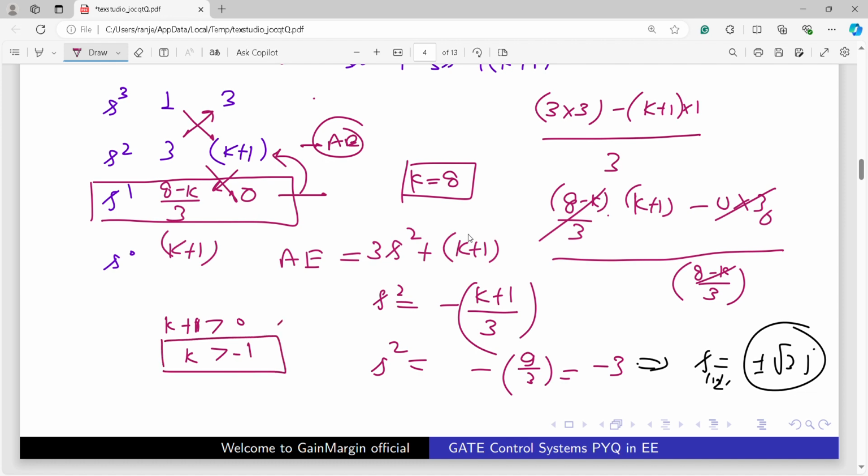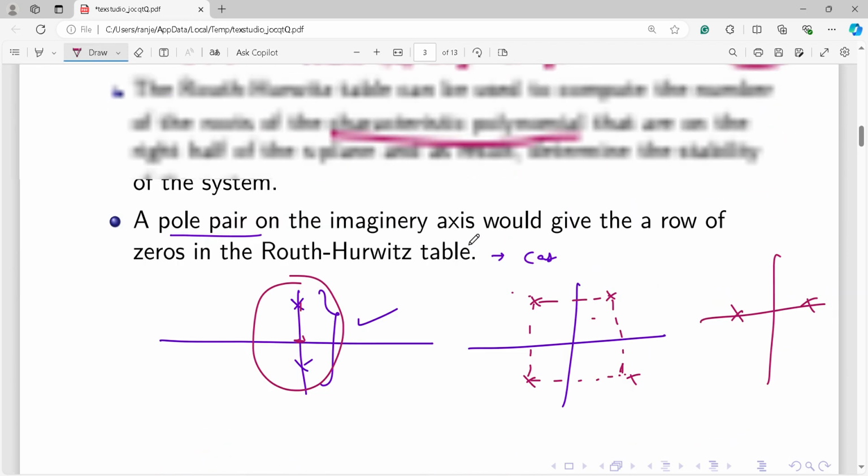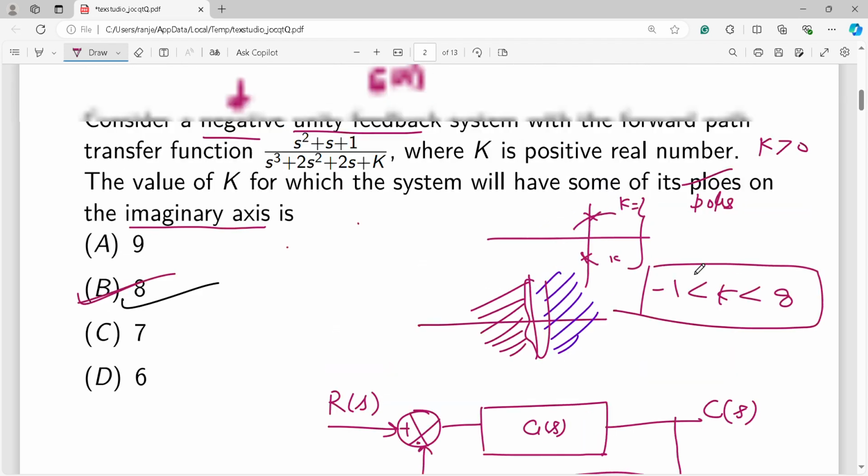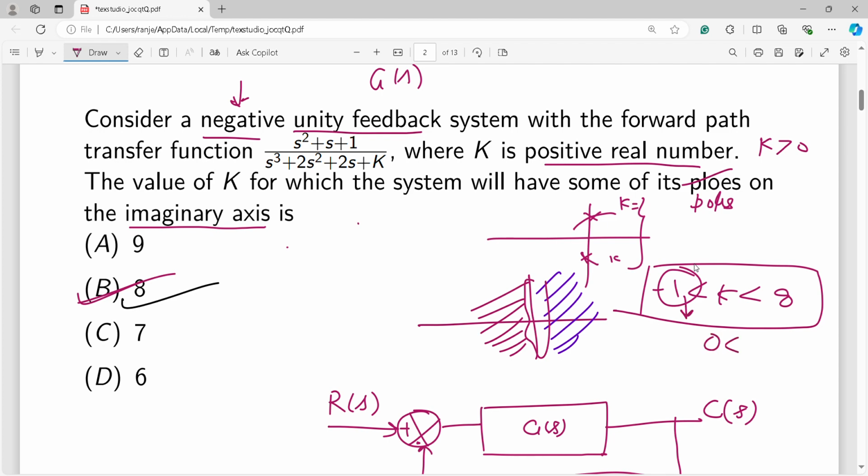And k less than 8, maximum value 8. So you can see the k range will be minus 1 to 8. So 0 will also be there. But since they say here positive real number, this value will not be there. So we can say 0 to 8 is the range. Okay, so like that we can also extend this question.